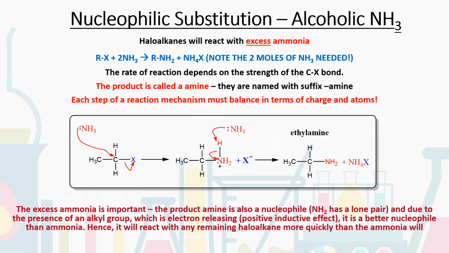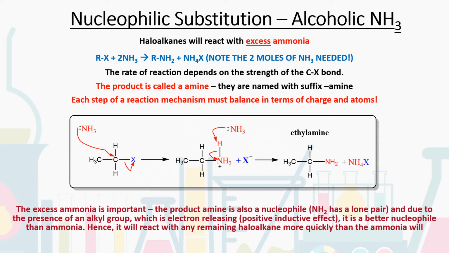Again, the mechanism looks similar, but this time there's an extra step involved. And the key thing to remember is that every step of a reaction mechanism must balance in terms of charge and must balance in terms of atoms as well. So the first step of this mechanism is exactly the same. We have our NH3, our nucleophile, contains a lone pair. We have our curly arrow showing our electron movement to the region of electron deficiency.